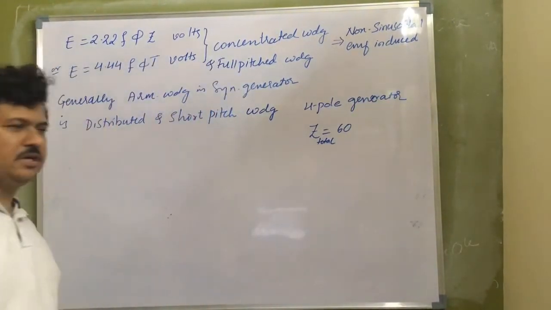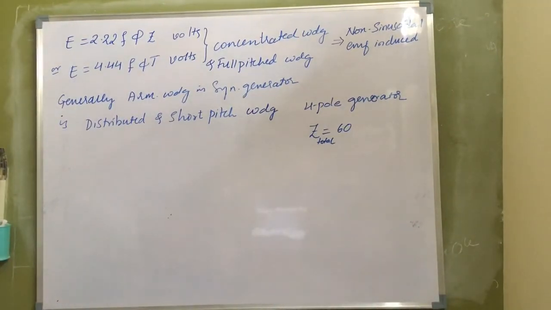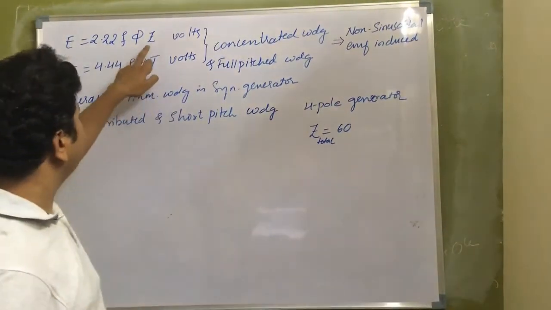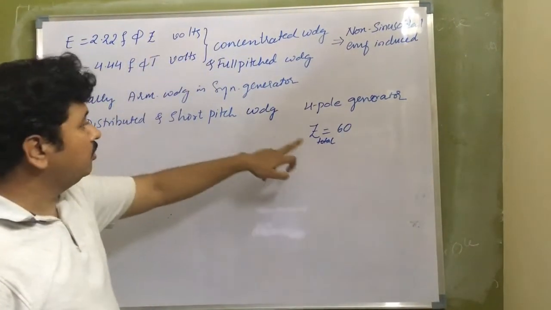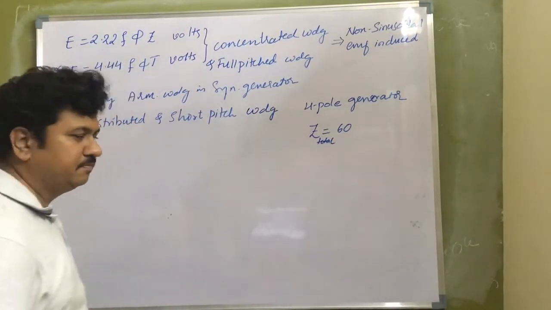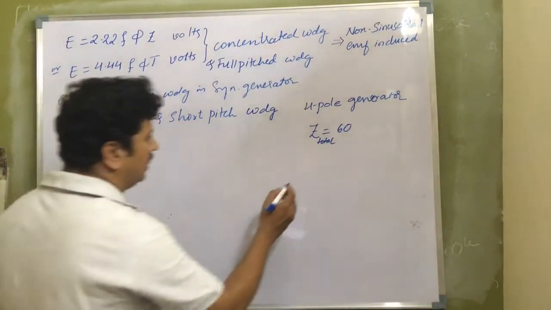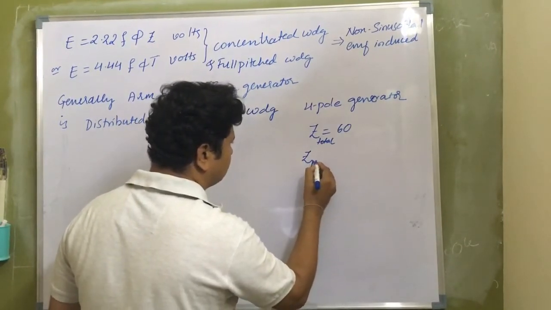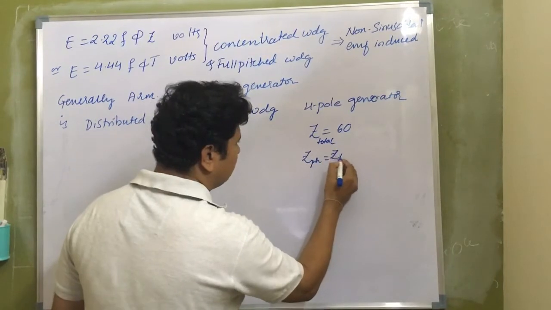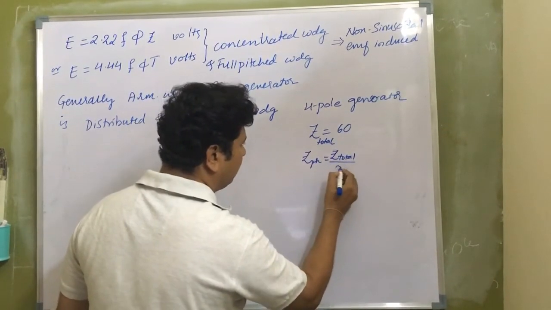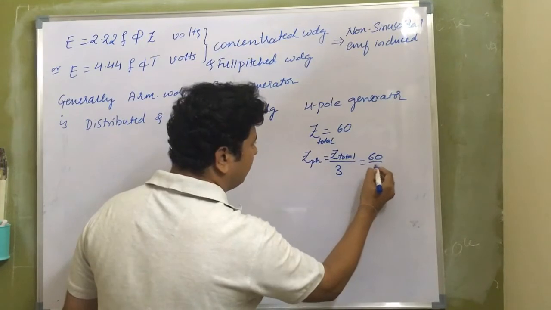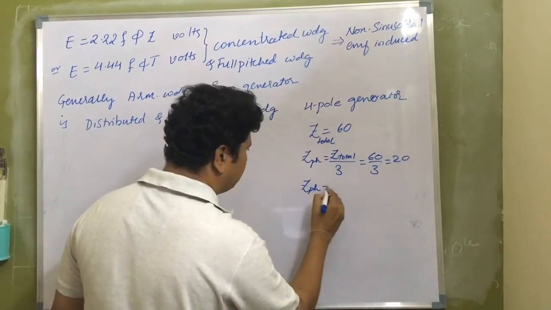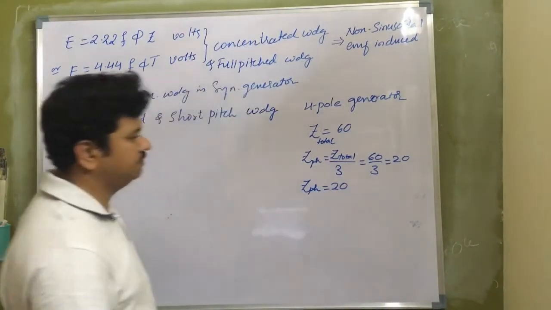I have a 4-pole generator. Total number of conductors in armature are 60. Therefore, conductors per phase is equal to Z total divided by 3. That is 60 by 3, I get 20. So Z per phase is equal to 20.